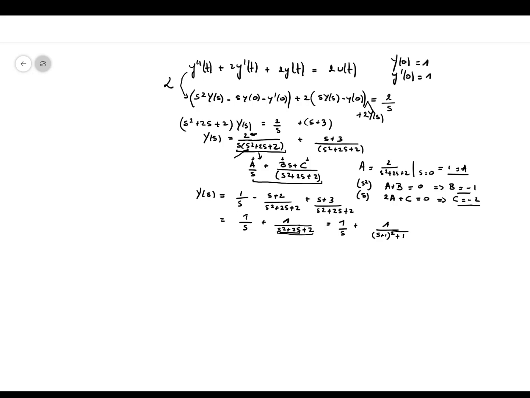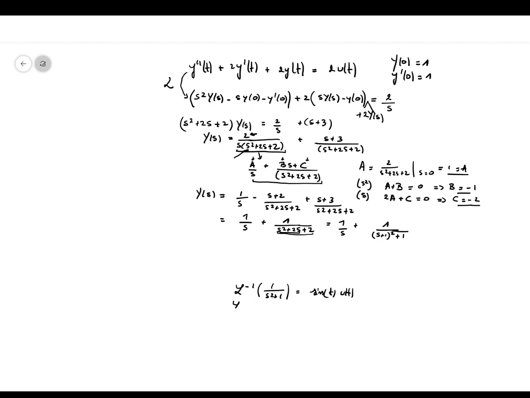Okay, so why do we do this? Well, because in this we recognize the Laplace transform of a sine that will be multiplied by an exponential. So remember that the inverse Laplace transform of 1 over s squared plus 1 will be sine of t u of t.